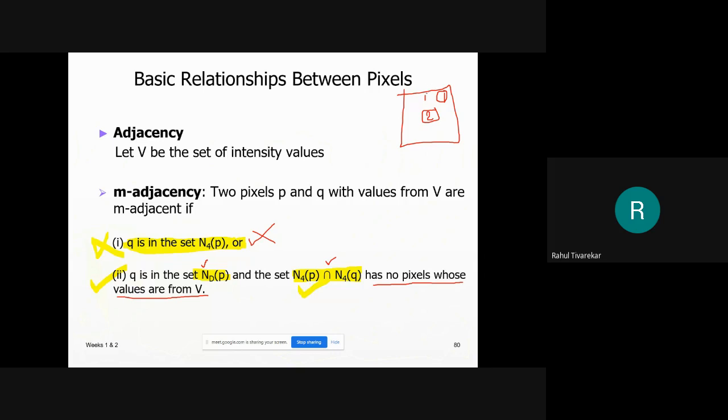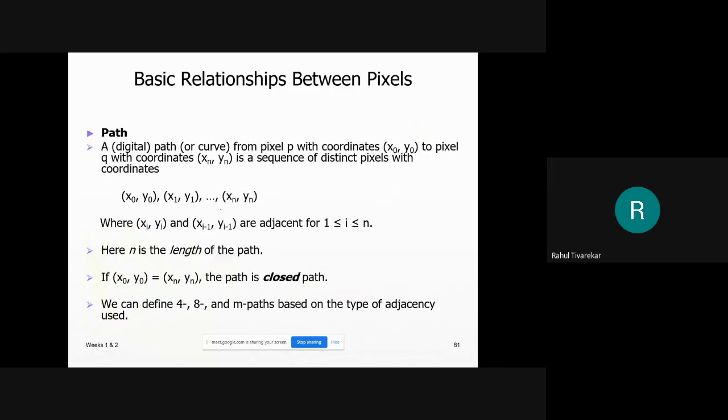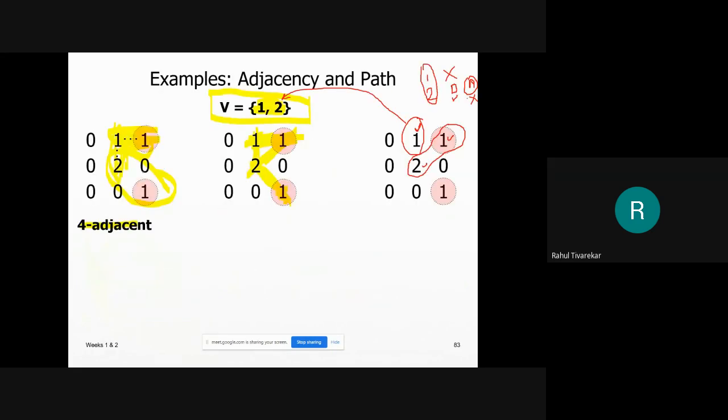So I see that N4P are these neighbors. I will mark them in green color. N4P are this, this, this, and this. And what are N4Q? N4Q are these neighbors: this, again this, and this. So the intersection of N4P and N4Q has these two elements, one is this element and the other is this element. This one is not part of V, but this one is a part of V, because set V has 1 and 2.